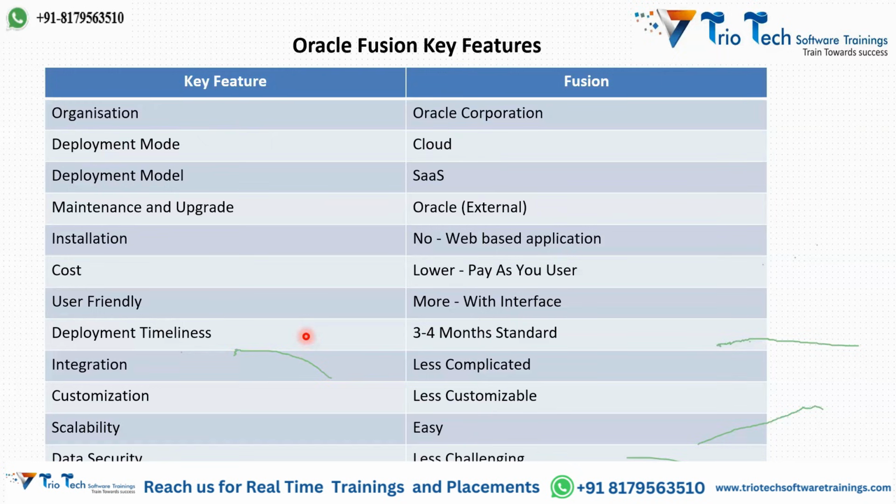That this product can be implemented in a given business scenario in the next 3 to 4 months, and it can be made available to the end users who can use this product for doing the day-to-day business transactions. So that duration, which was previously more than 1 year, has now been reduced to only 3 to 4 months, where we can deploy this product in any given business scenario, right?